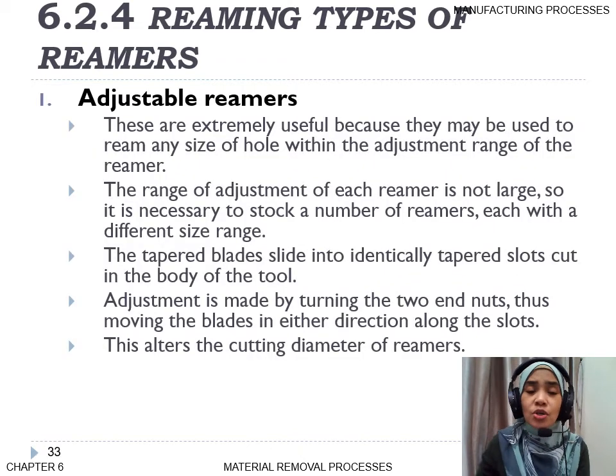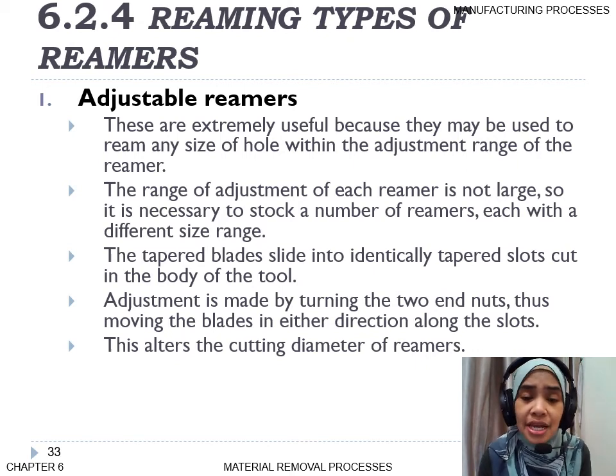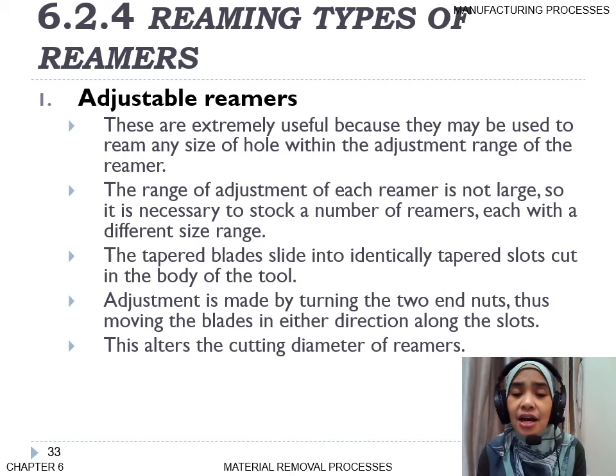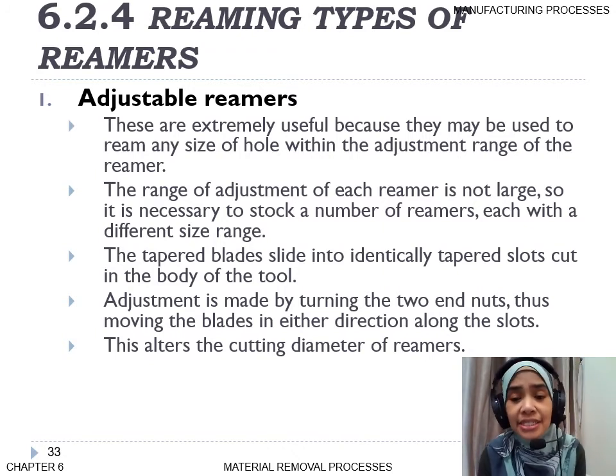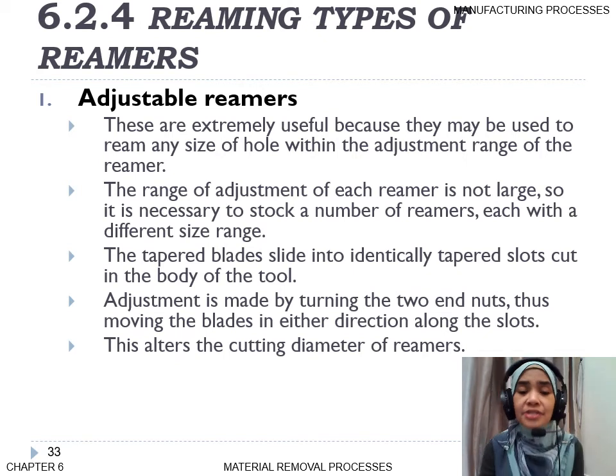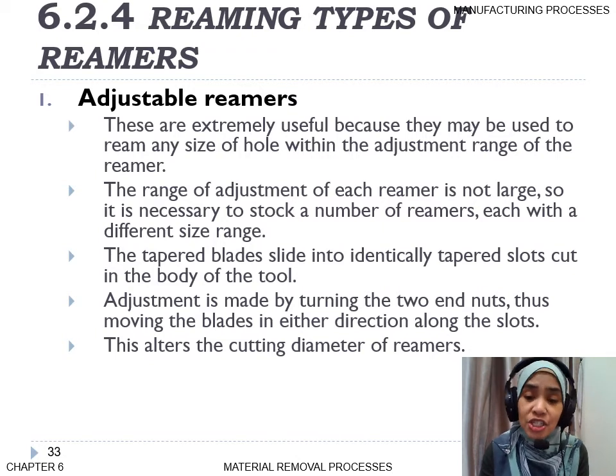Okay, so for advanced reamers we have the adjustable reamer, which is extremely useful for us to ream or slightly enlarge the hole within the adjustment range of the reamer. The range of adjustment of the reamer is not too large, so it is necessary to stock a number of reamers, each with a different size range.